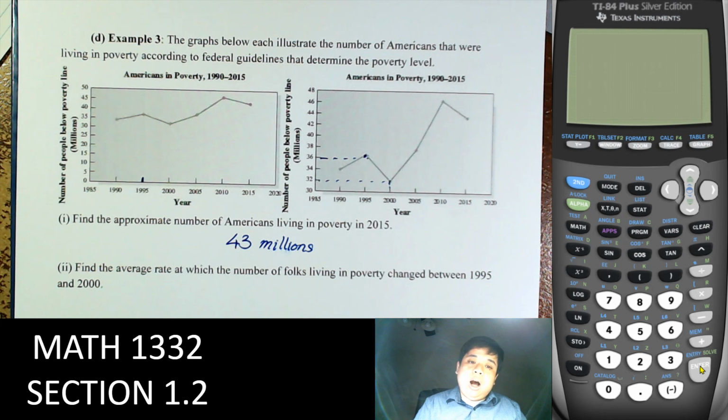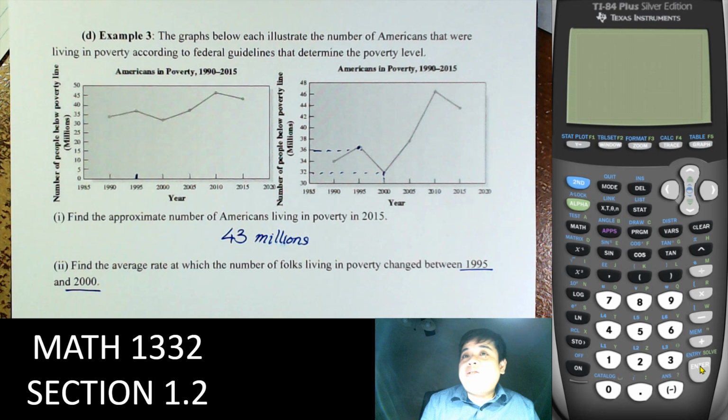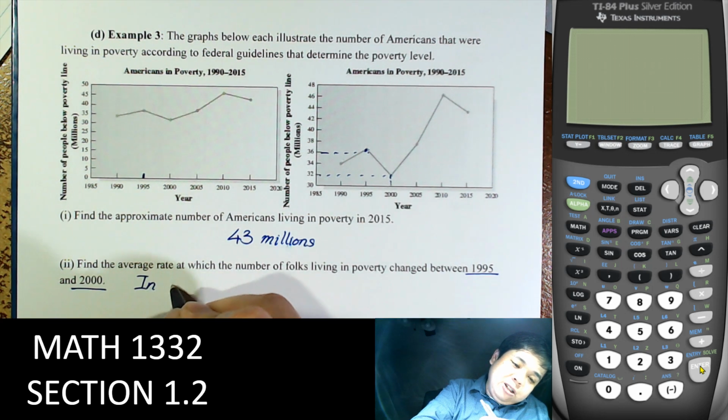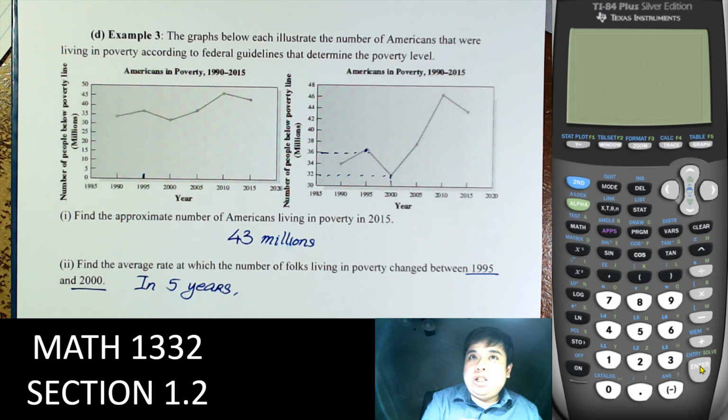So from 1995 to 2000, that's 5 years, right? So in 5 years, it decreased from 36 to 32, right?